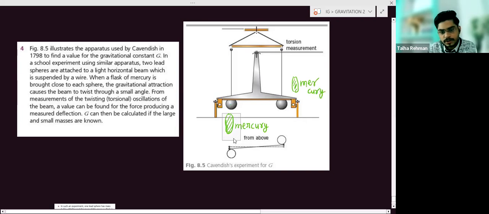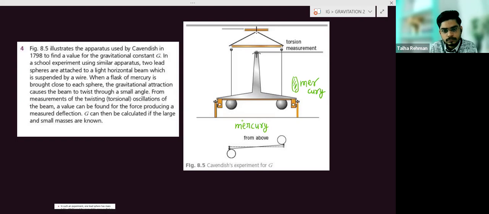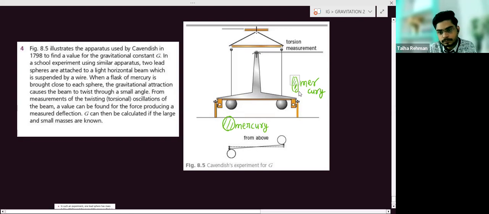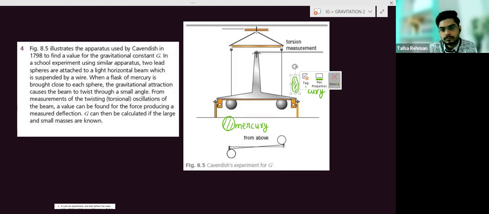Make this in the spherical shape, like this. Two mercury flasks.